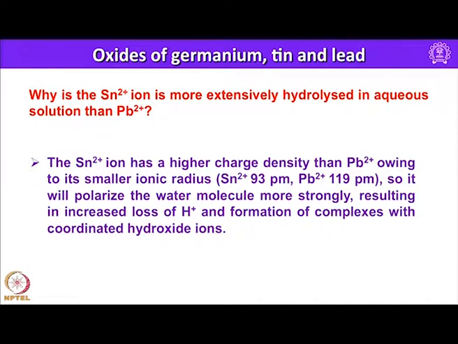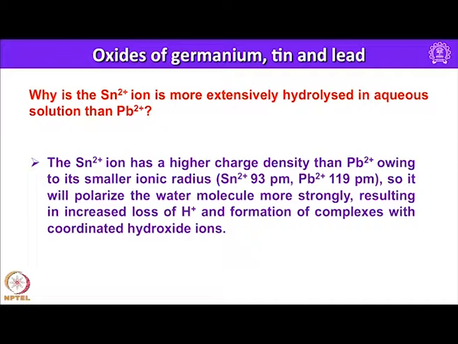We can compare the ionic radius of tin with lead. In case of tin 2 plus it is 93 picometer, whereas in case of lead 2 plus it is 119 picometer. So, tin 2 plus polarizes water molecule more strongly, resulting in increased loss of H plus and formation of complexes with coordinated hydroxide ion.